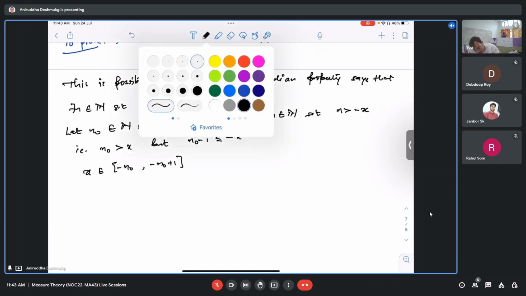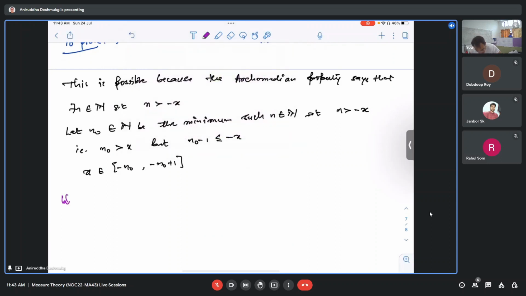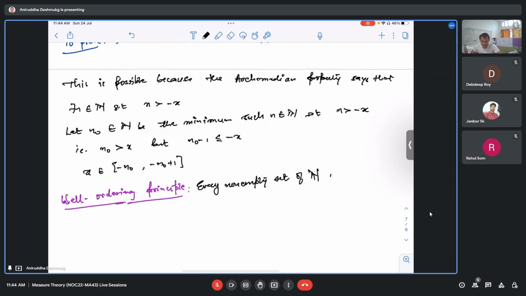But we have used here something called the well ordering principle. That also we use quite frequently. What it says is that every non-empty set of natural numbers has a least element, or has a minimum. And one can see that this is actually equivalent to the principle of induction.